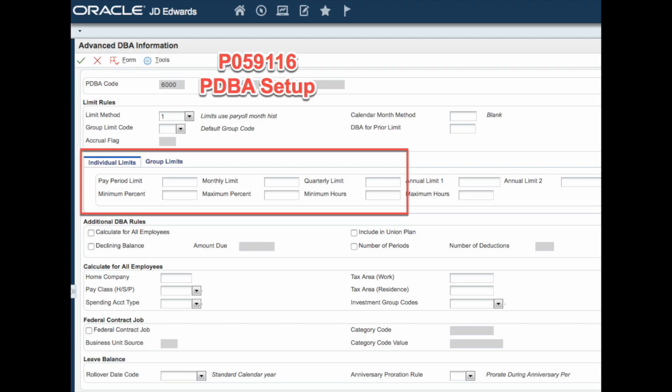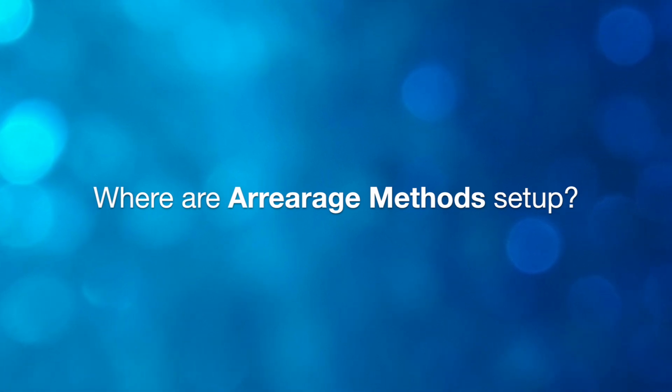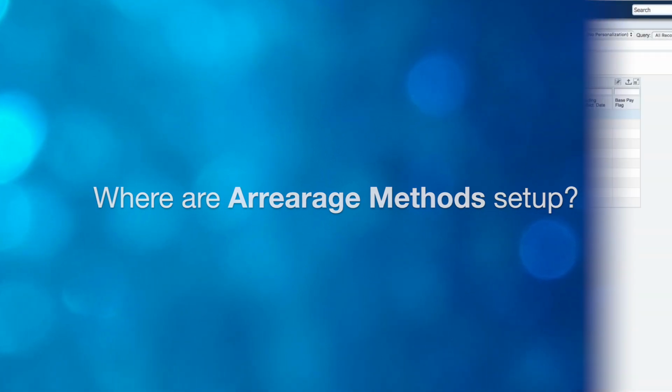So for example, you can put a limit in the advanced DBA information screen for each pay period, and when the system goes back to collect the arrearages, it will only take up to that limit amount. This is handy if you don't want to take a whole bunch of money out of a paycheck for one employee in one hit.